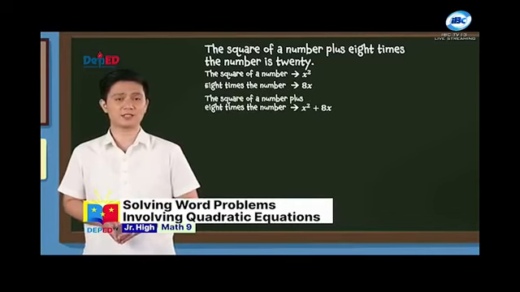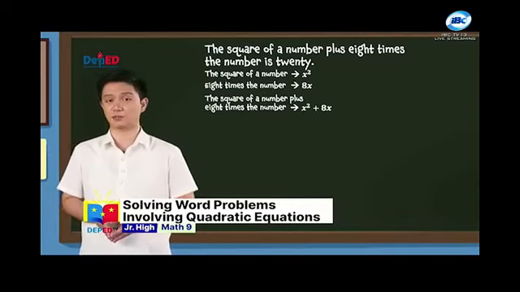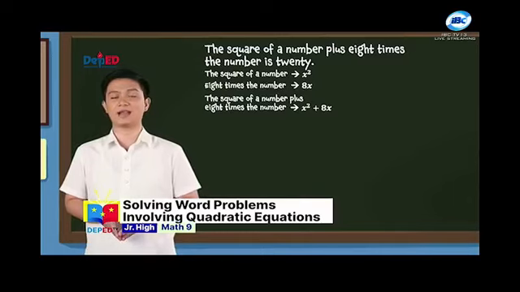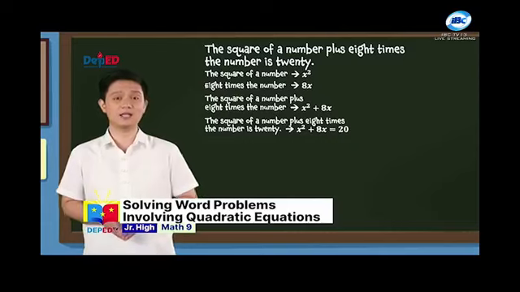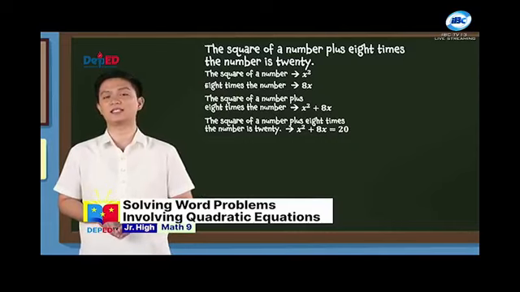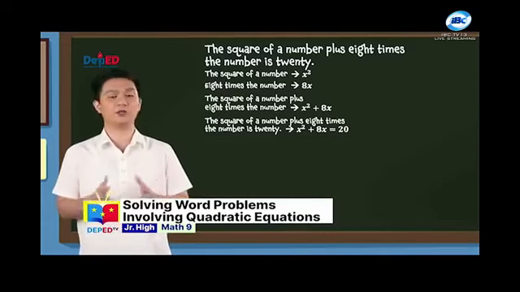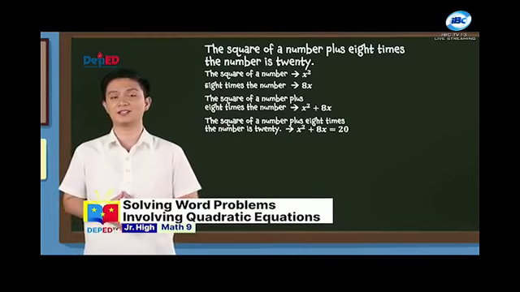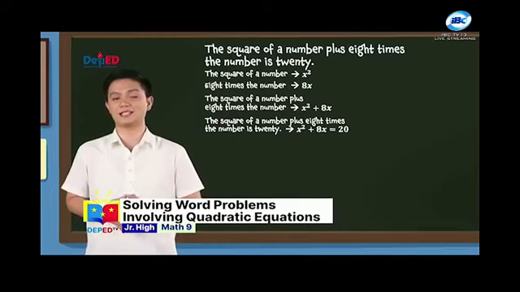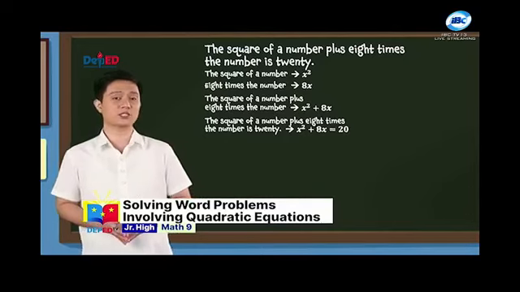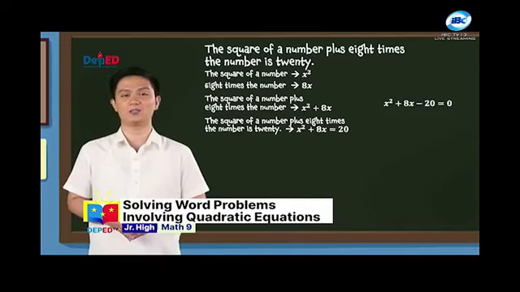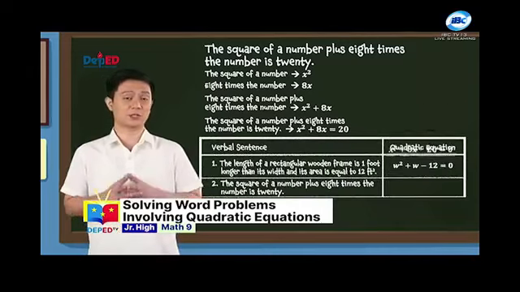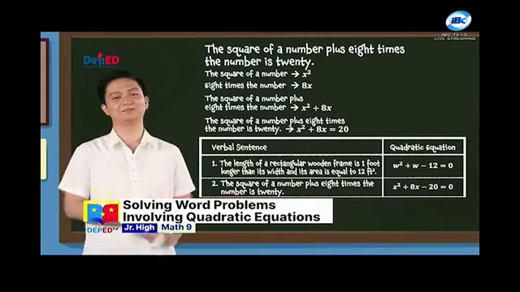So, the phrase the square of a number plus 8 times the number can be translated as x squared plus 8x. Is 20 is simply equals 20. Thus, the entire verbal sentence can be translated as x squared plus 8x equals 20. In standard form, this equation is rewritten as x squared plus 8x minus 20 equals 0. Let's record this in the table.